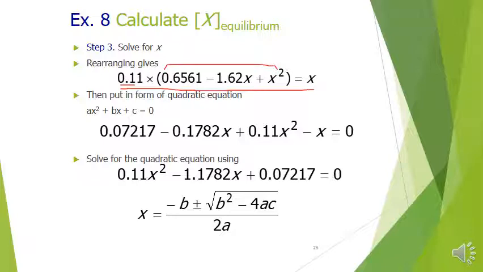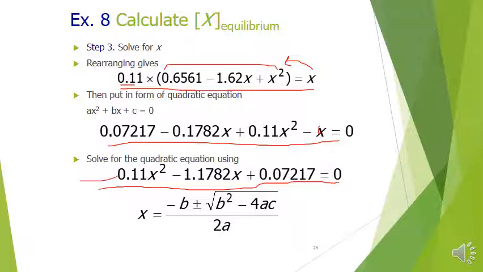Then we get this x over here, and what we have is this equation. Combining like terms, you have x here and x here, and you end up with this. If you rearrange it, you'll see you can get it into quadratic form.